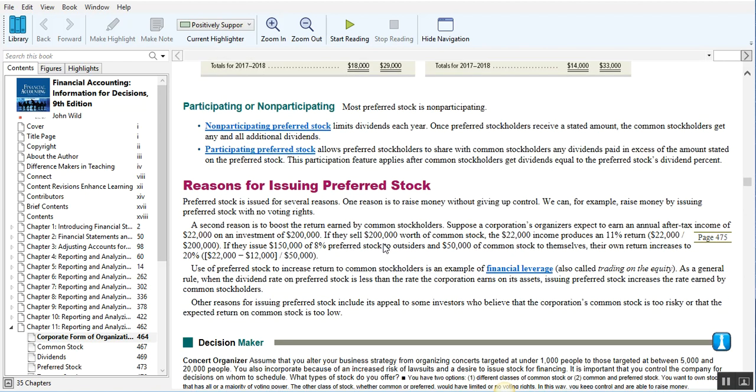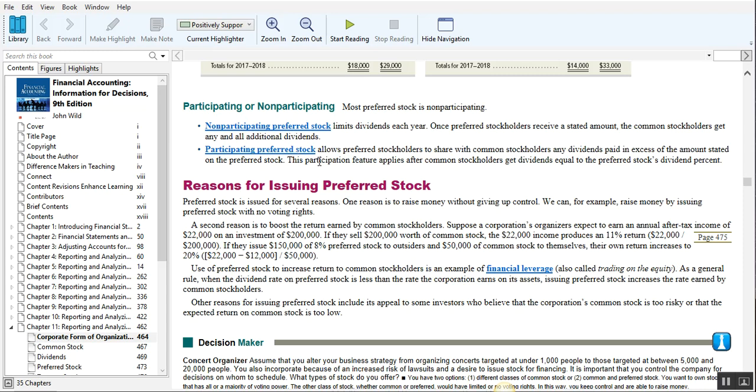So participating preferred stock, well, you can have that. Most preferred stock is non-participating, which means once the preferred shareholders get their preferred dividend, that's all they're going to get.